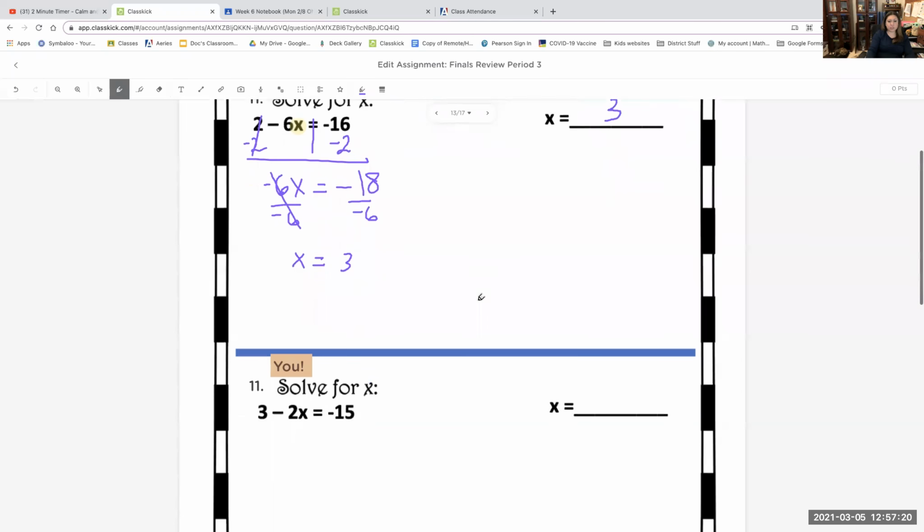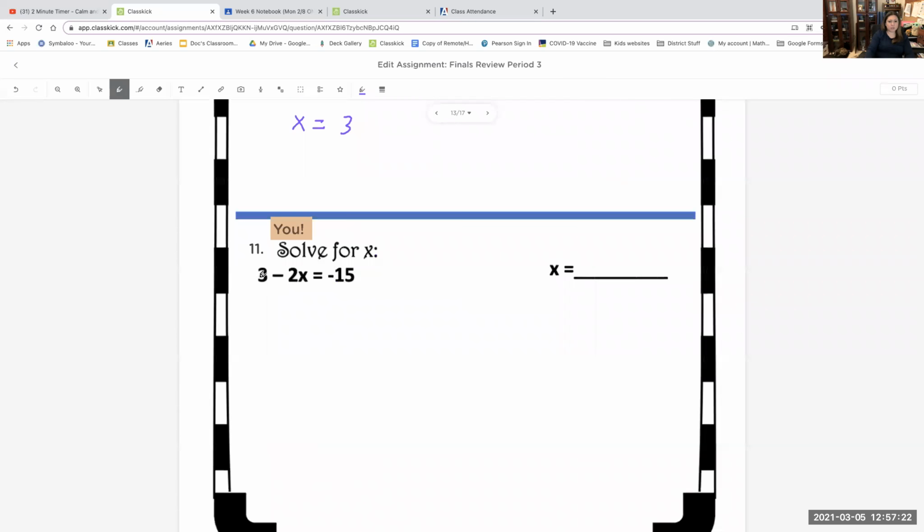So I didn't really see too many problems. Some people, and I'm just gonna write it real quick on here and then take it off so that you guys can see, were forgetting to do -3 to both sides, so then you accidentally added instead.